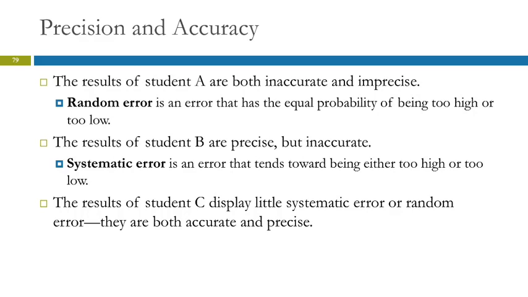So systematic error is an error that is always going to be too high or always going to be too low. And this usually has to do with an error in how the user is using the measuring device. If you're using a ruler and you're measuring from the end of the ruler instead of from 0, all your measurements are going to be off in the same direction.